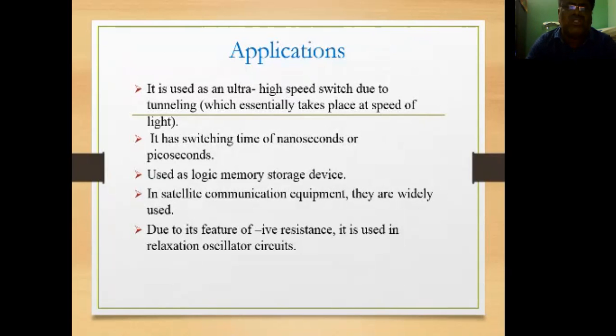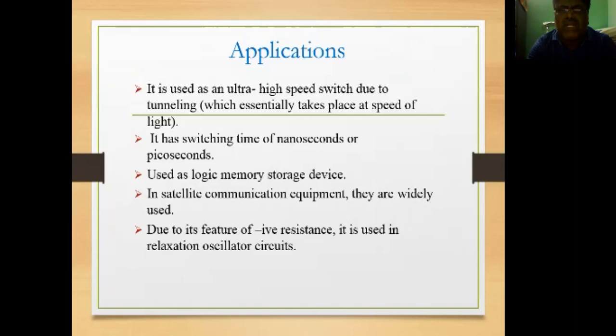It is used as a logic memory storage device. Tunnel diodes are used in computer motherboards, because a computer motherboard consists of computer circuits, meaning combinational logic circuits and sequential logic circuits, in which tunnel diodes are used.